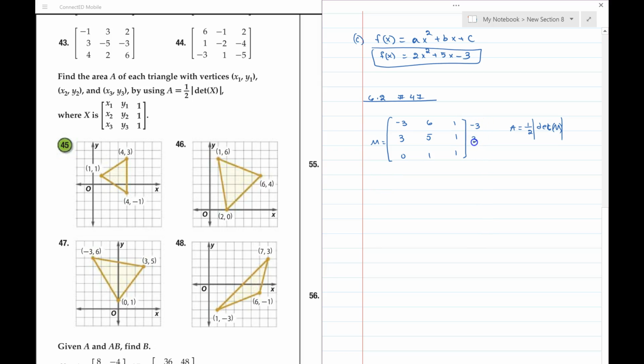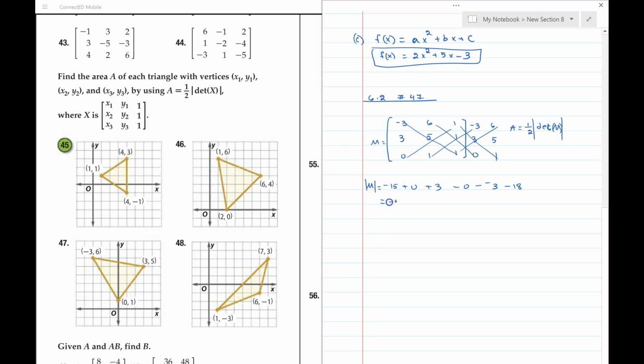So I have -3, 3, 0, 6, 5, 1. This way you have -15 plus 0 plus 3. And then if I go the other way, it's -0 minus -3 minus 18. This is the determinant of M. Minus 18, because this way is always negative.